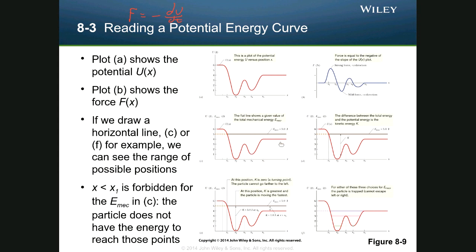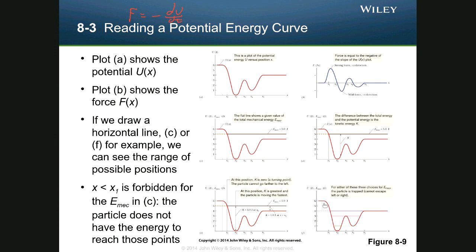Now, I want you to notice for other energies, we have some more interesting dynamics. Like for this little green one here, for 1 joule, you can only stick to this part of the curve. You can't get out. But if you have 3 joules, you can go from one to the other, but you can't reach this plateau.